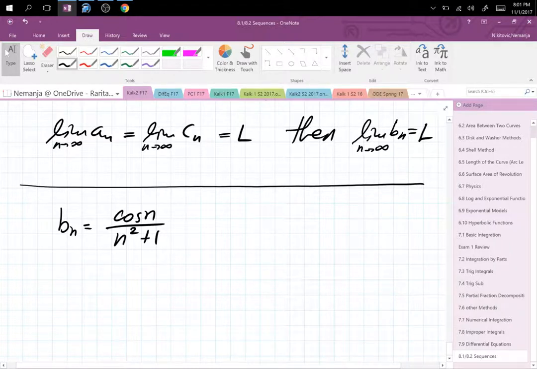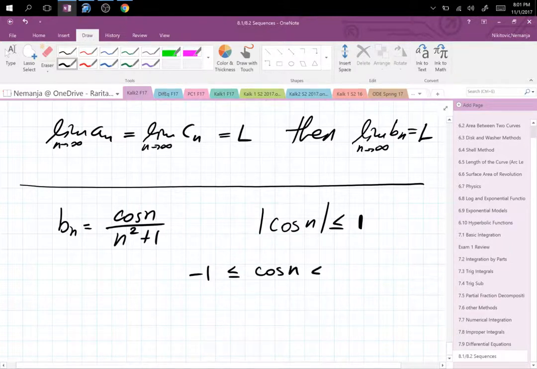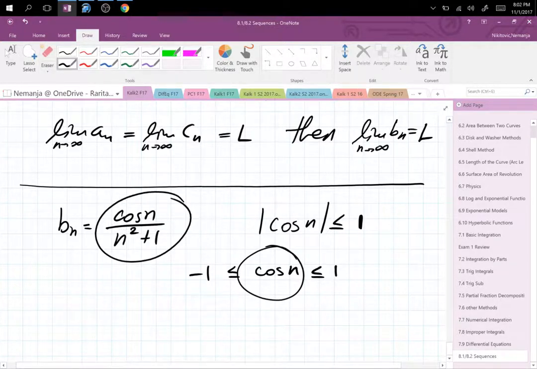But what we can do is construct easy functions to take the limits. So you start with the notion that cosine n is bounded by 1, and that gets us to write -1 less than or equal to cosine n less than or equal to positive 1. Now you compare the function in the middle with the function that you have in the problem, and you immediately realize that what's missing is the denominator of n squared plus 1.